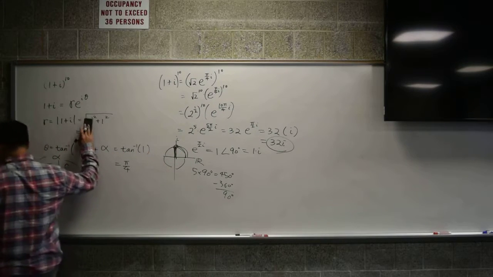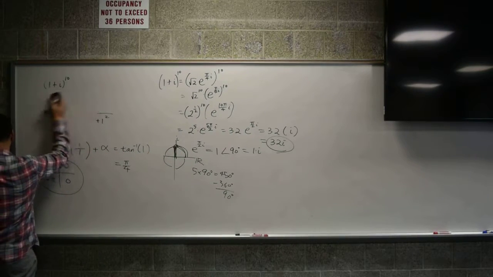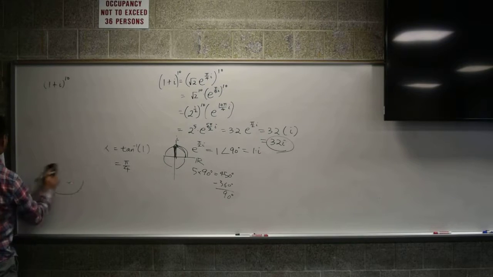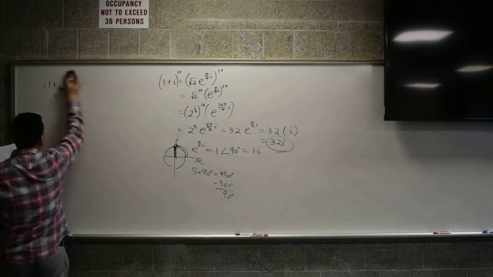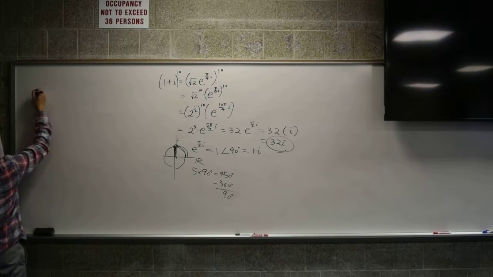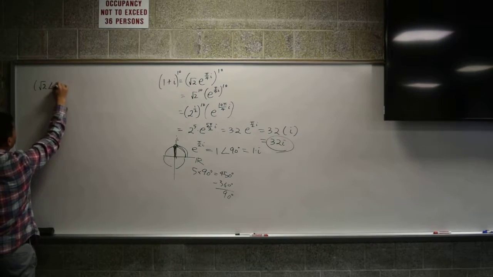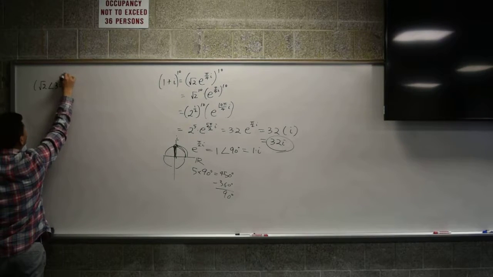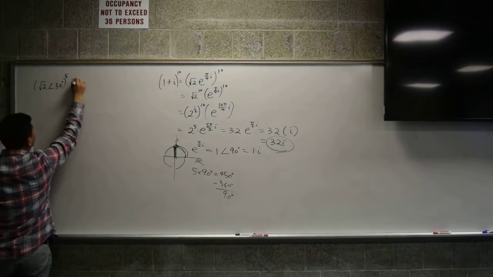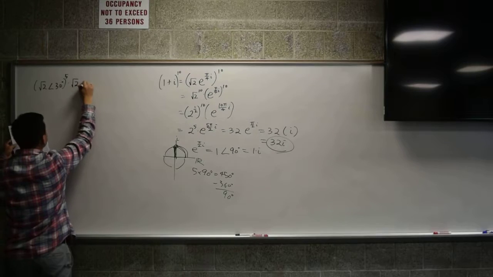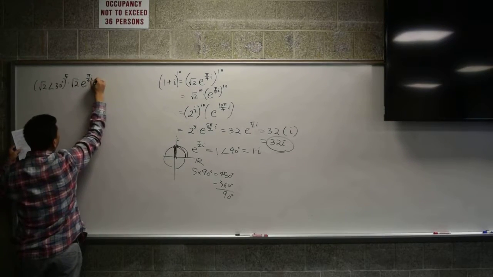Okay, let's do another question similar to it. So think about the following question. If you had square root of 2 angle 30 degrees to the 5th power times radical 2 e to the pi over 4i.